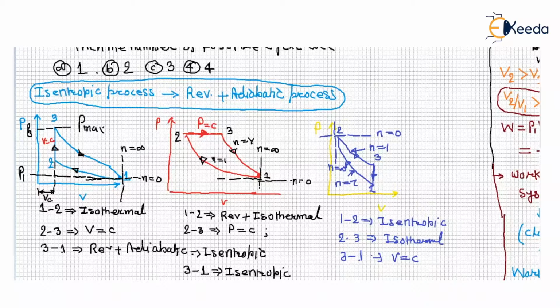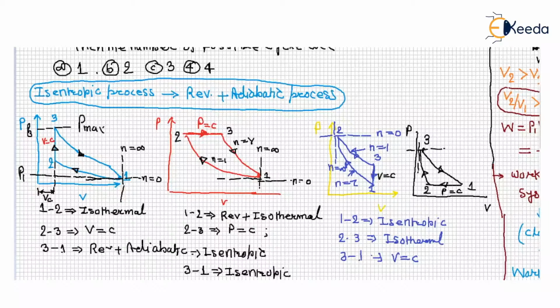Now the last one is that if you draw a thermodynamic plane like that, this is your volume constant and this is your pressure constant, right? Now what is the process? Put a cross mark here.